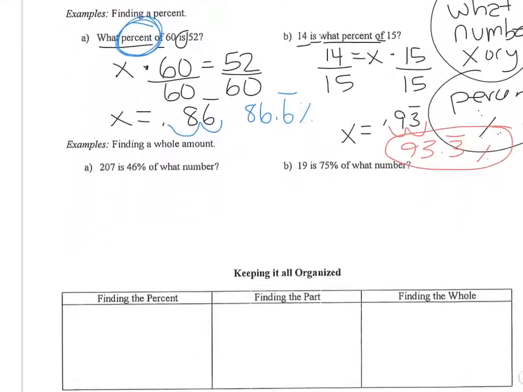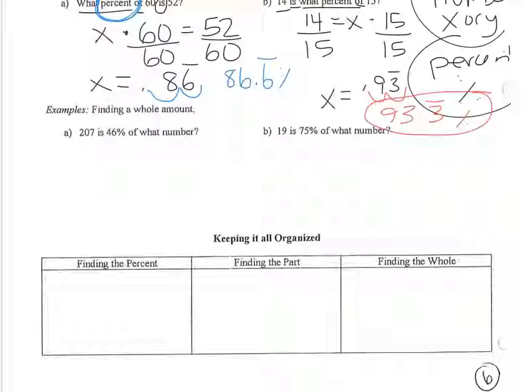Okay, and the last type of problems. 207 is 46%. So 46, remember you're always going to change into decimal. Of times what number?